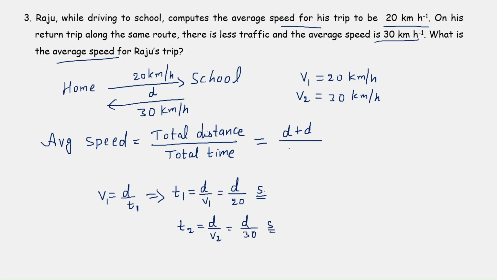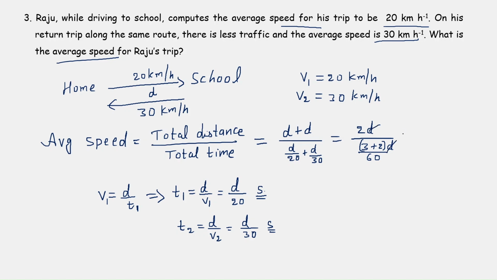So now we will substitute the values of the two times, while going to school and while coming back home. So that is d by 20 plus d by 30. So if you take LCM, you will get 60 as LCM. Here 3 plus 2 into d.